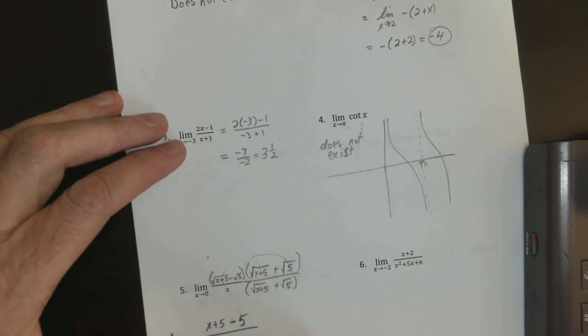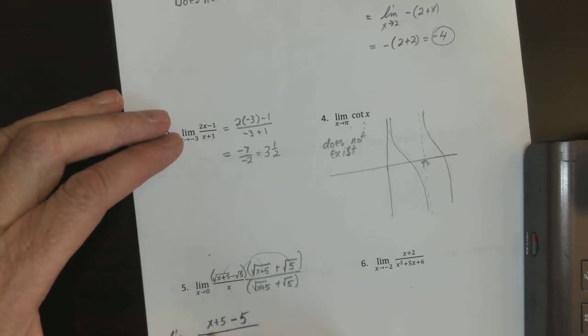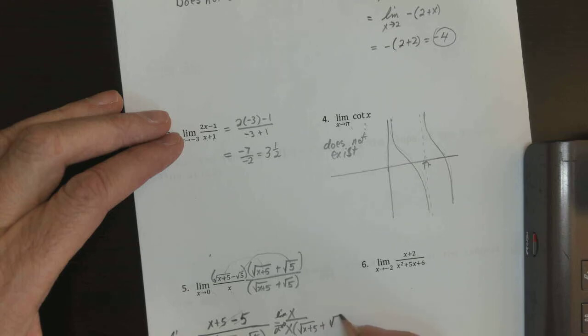Over, and don't forget those limits, x times the square root of x plus 5 plus the square root of 5. Okay, those cancel. So that's x over x times, limit as x approaches 0, the square root of x plus 5 plus the square root of 5.